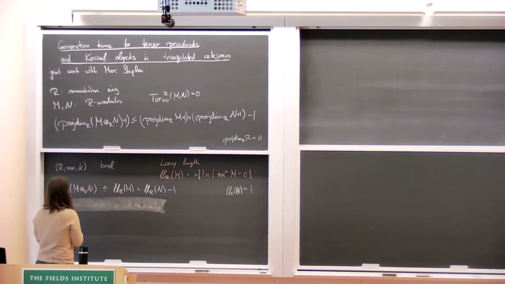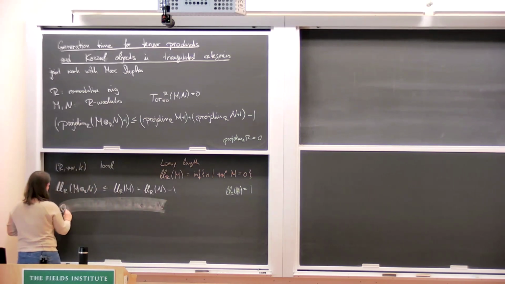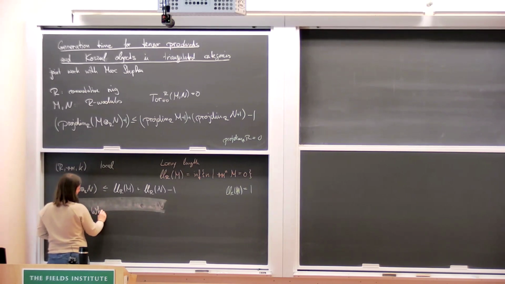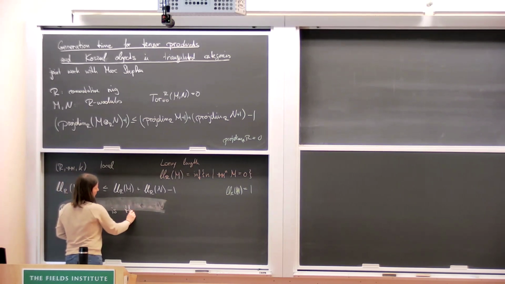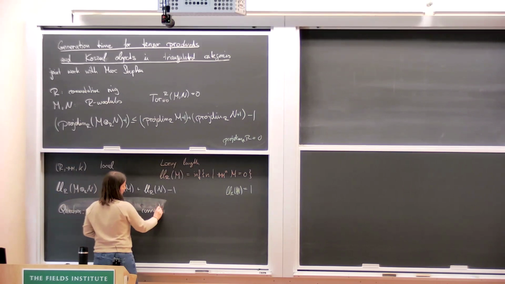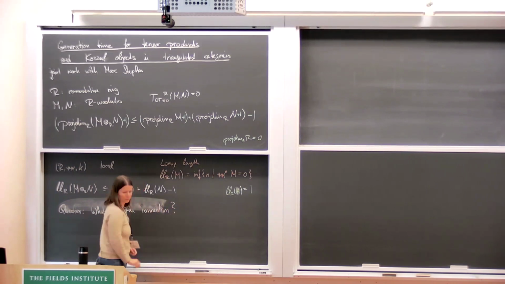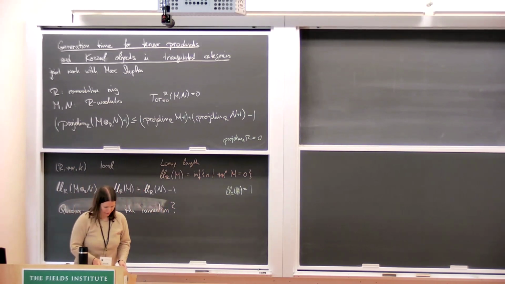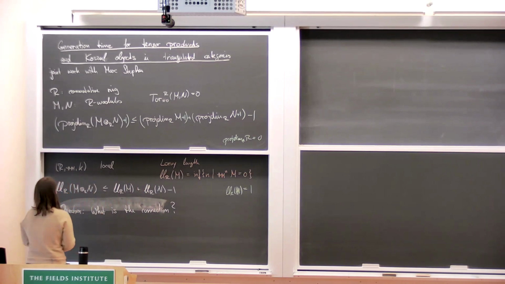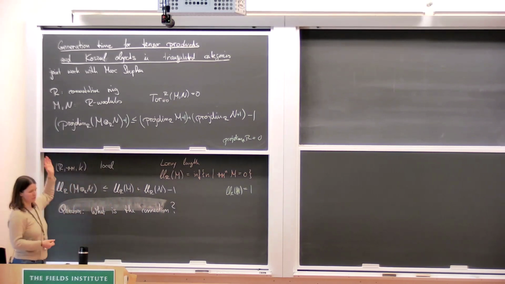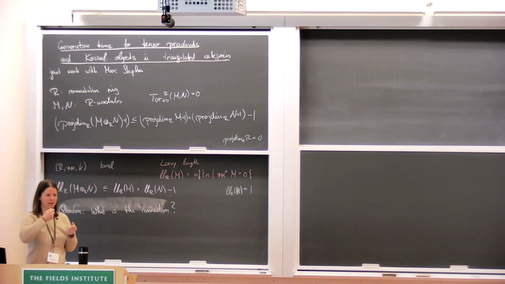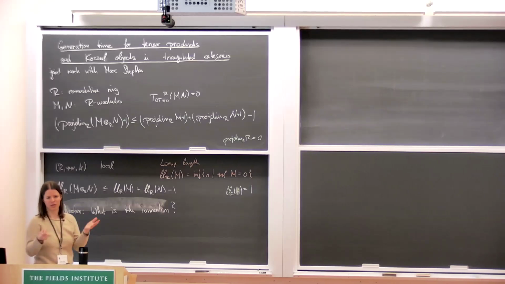Okay, so what is the connection? The first thing I already mentioned, comparing projective dimension, you can think about it, we're generating a module out of the ring or the projective modules.